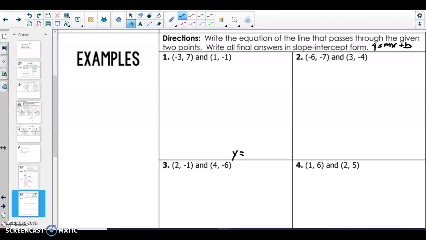Let's begin with our slope formula. M is equal to, and then we're going to subtract the x's on top. y2 minus y1, so I subtract my y's backwards. -1 minus 7. Then I subtract the x's backwards, so 1 minus -3.